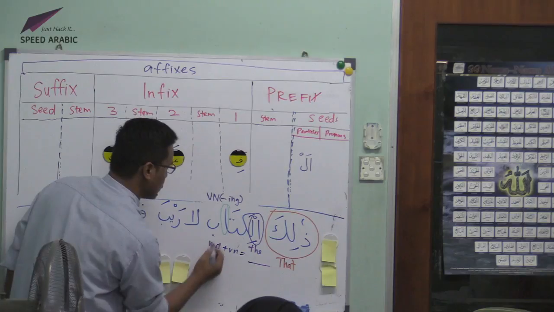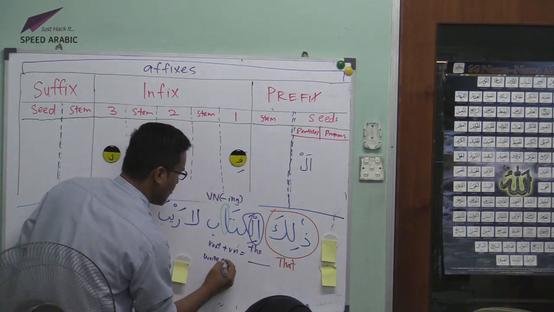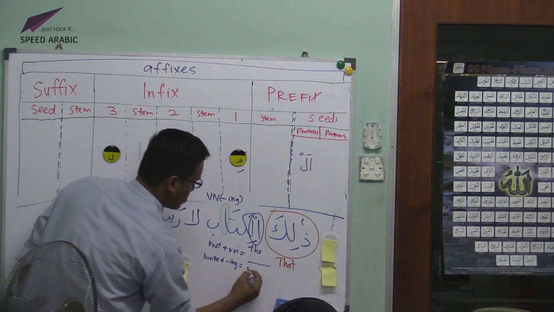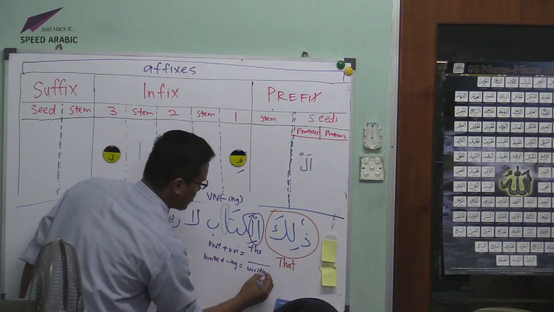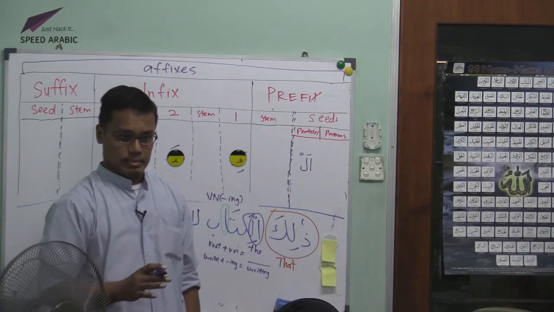So the root meaning is write, plus VN is ing. So the meaning of kitab is writing.